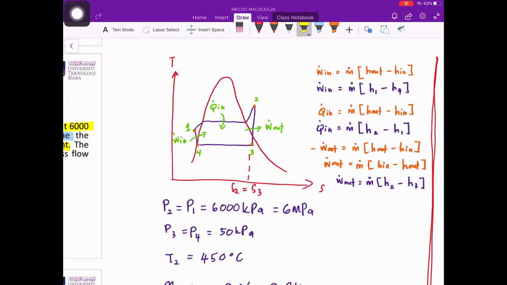And please do not forget to include the actual state leaving the turbine in our TS diagram.